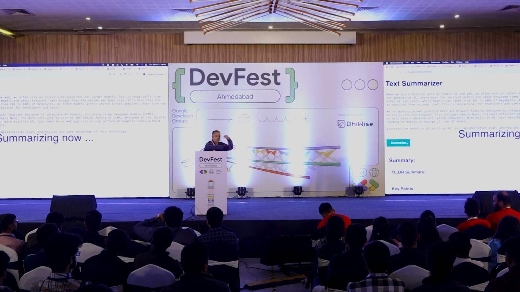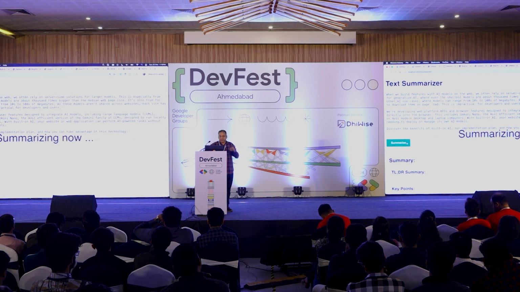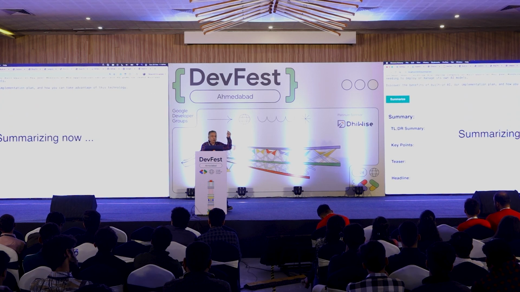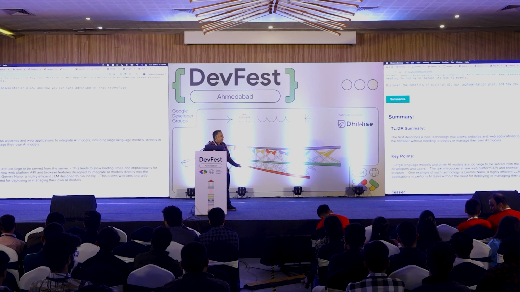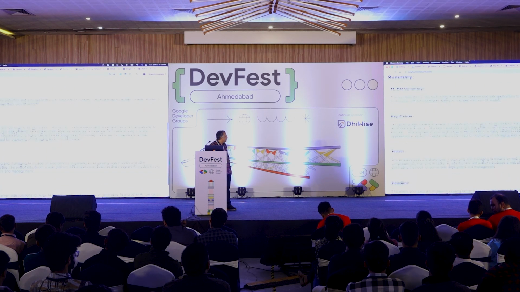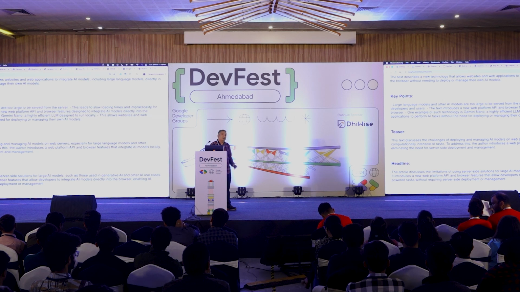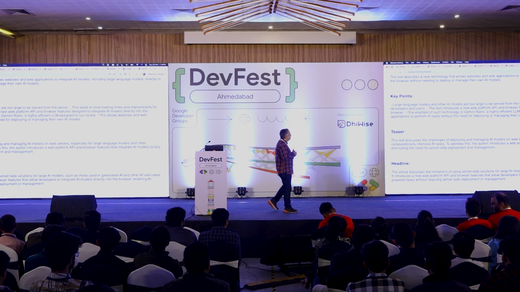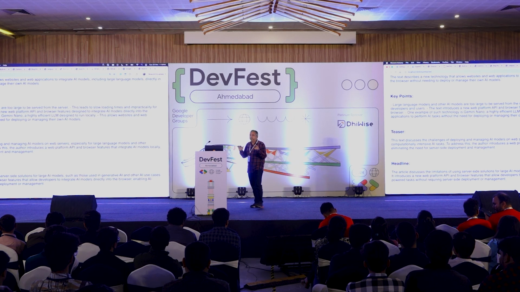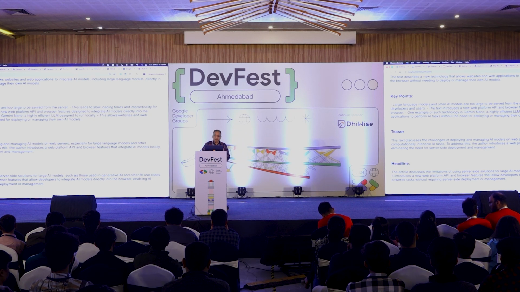So there are 4 models, 4 APIs instantiated, and then summarize called 4 times on each of these areas. And you'll see, whether it's key points, any teaser, any headline. Now, it doesn't look like a headline, but yeah, you could further prompt it also to do things. But again, all of this running completely within the browser.